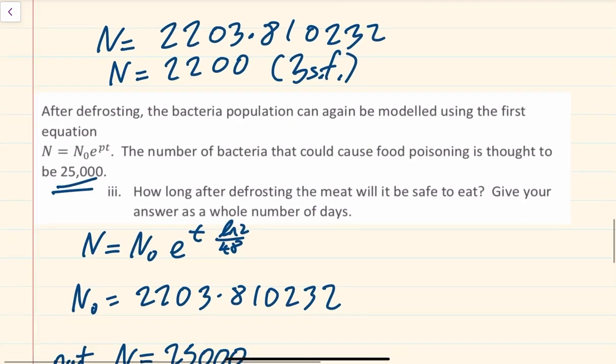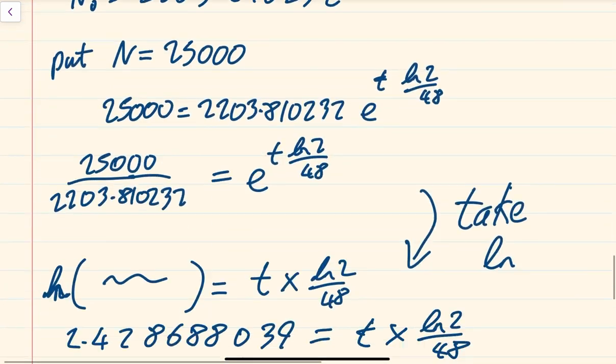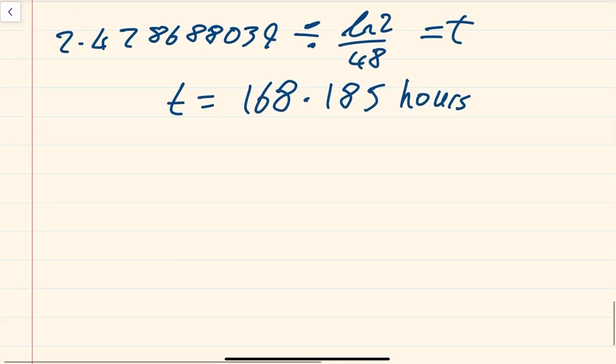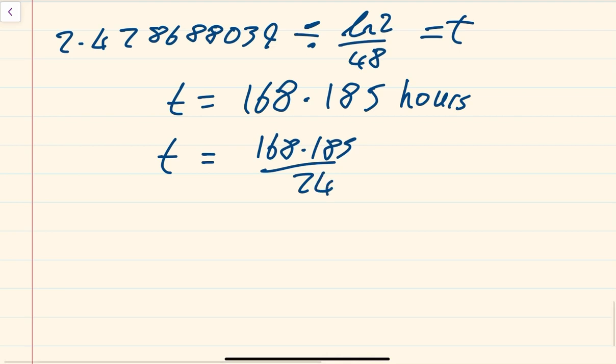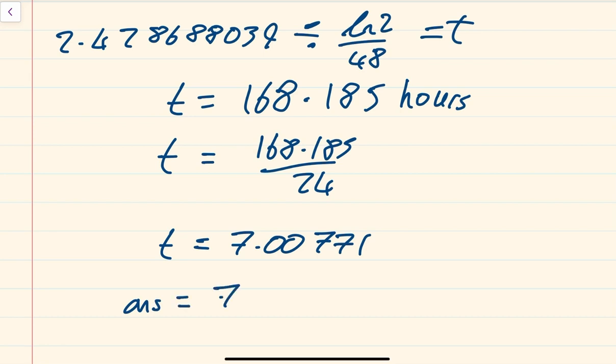You're asked to give your answer as a whole number of days, so we divide that by 24, and that gives me 7.00771. So my answer is 7 whole days, and that is us done.